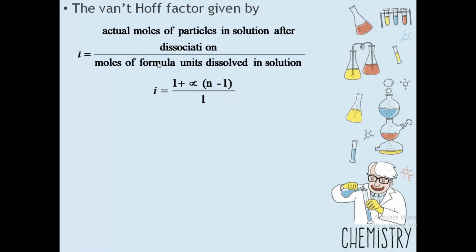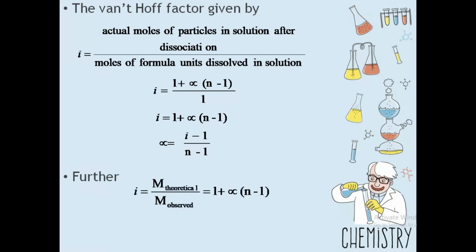For a non-electrolyte solute, the number of moles is 1, since it will not associate or dissociate, so it will remain 1. So i can be written as 1 plus alpha (n minus 1). So alpha is equal to (i minus 1) divided by (n minus 1), which is the degree of dissociation.